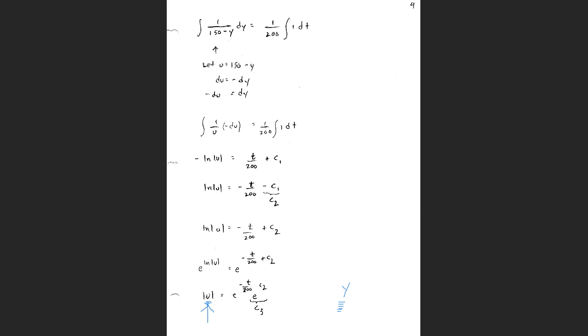Divide both sides by u? Well, what's u equal to again? 150 minus y. And Nathan says plug 150 minus y back in for u, and that's correct. That's correct. And that's what we do here on the next page.